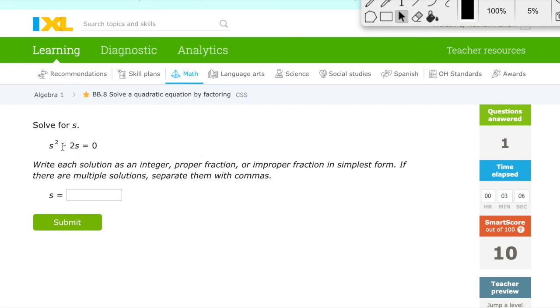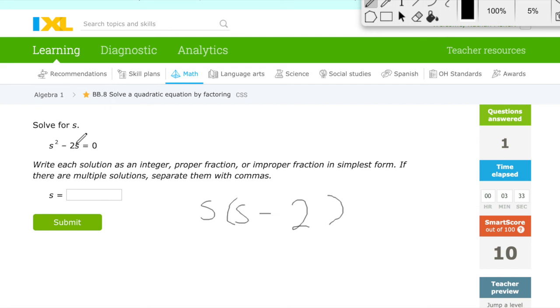Okay, for this one you just see 2 terms, so check common term factoring first. What I mean there is, out of this term and this, what can I take out of both? Well, the common term is an S, and that leaves me with some leftover portion of S minus 2. So think about, if I had S squared and I take 1 out, I still have 1 inside.